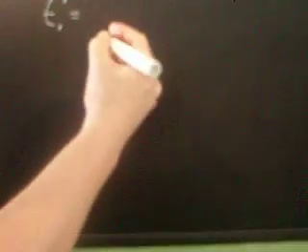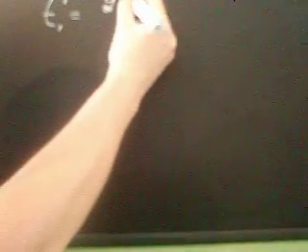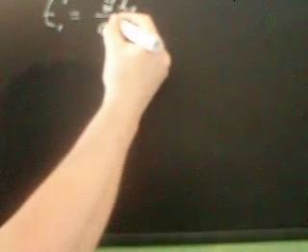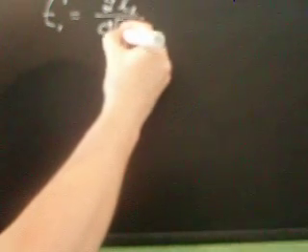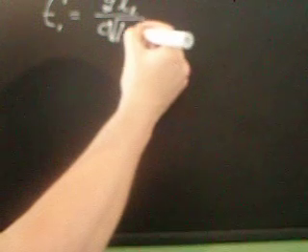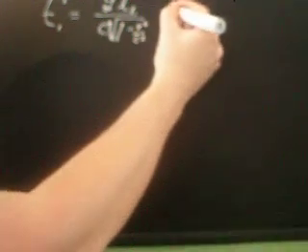We get T1 prime, where L1 is pointing downwards after rotation, equal to 2 L1 divided by c times the square root of 1 minus v squared over c squared.